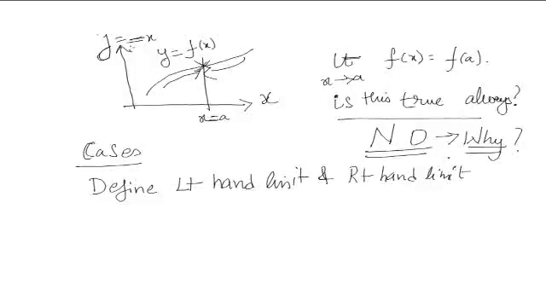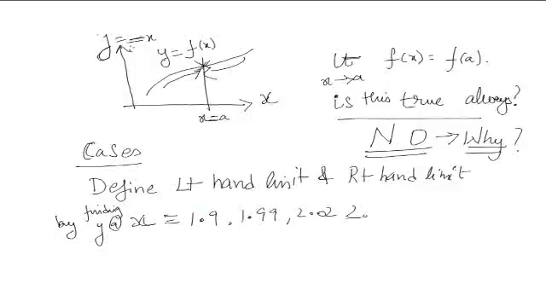In the previous example, by finding y at x equal to 1.9, 1.99, 2.02, 2.2, we can predict y at x equal to 2.